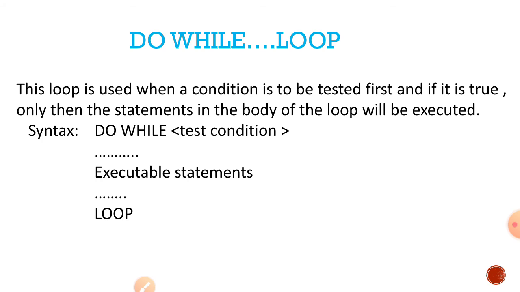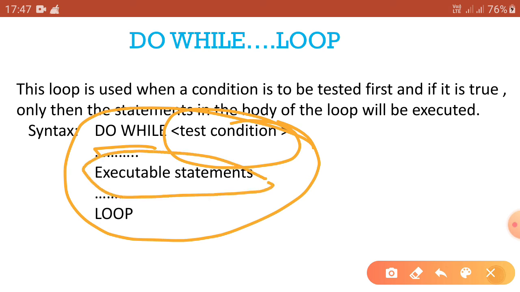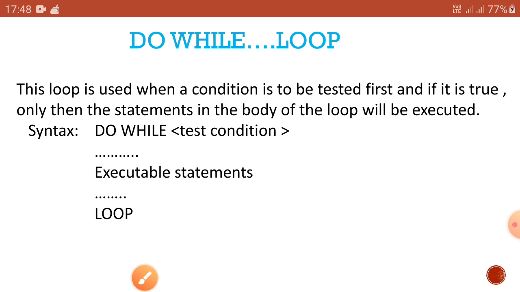The Do While loop repeats as long as the condition holds true. This loop is used when a condition is to be tested first, and if the condition is true, only then the statements in the body of the loop will be executed. Okay, so here is the syntax: Do While, then test condition, and write all the executable statements here, and last it is Loop.